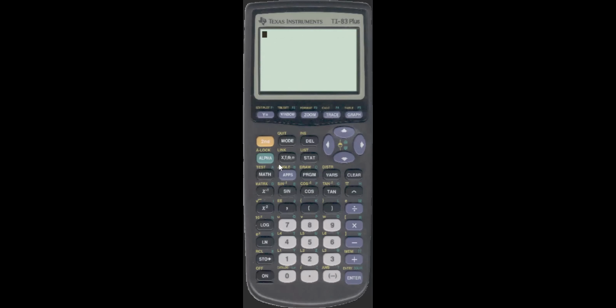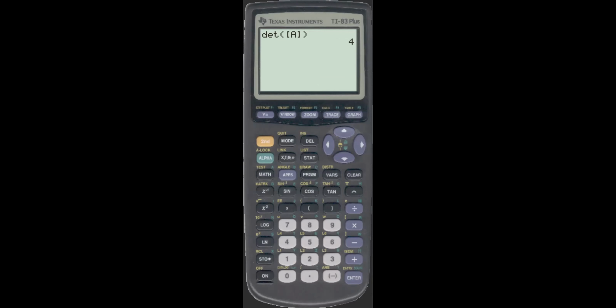So first for determinant: second matrix, math, number 1, that's the determinant. Then you have to grab the matrix second. You're used to grabbing the matrix and then doing something to it, but here it's a little wonky. We would never do this now. The calculators aren't very sophisticated, but they once were. So this gives you the determinant, a number.